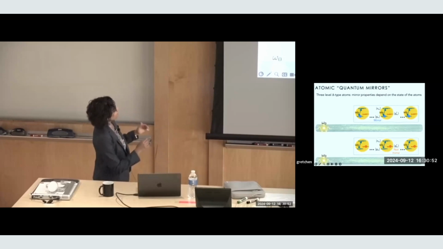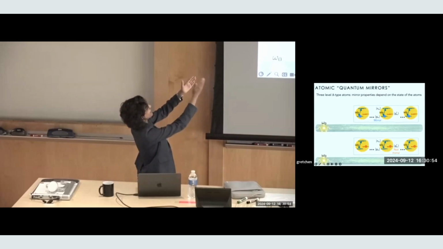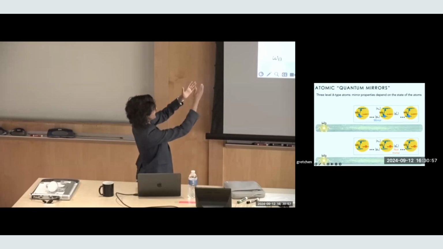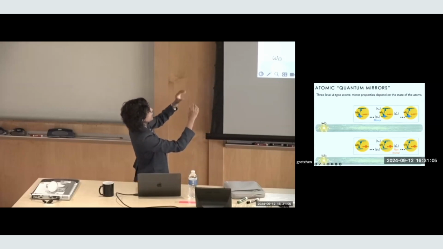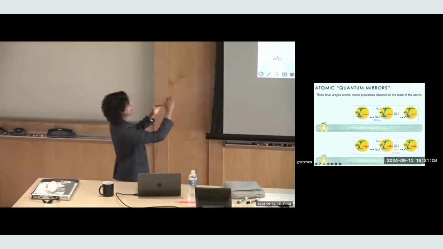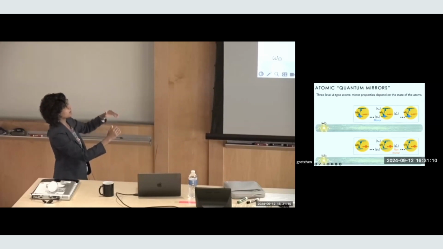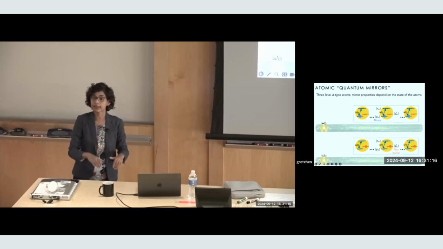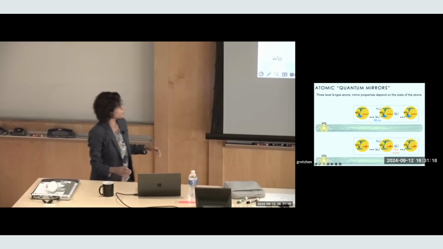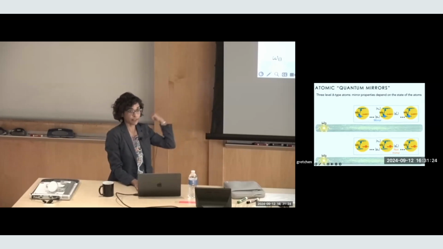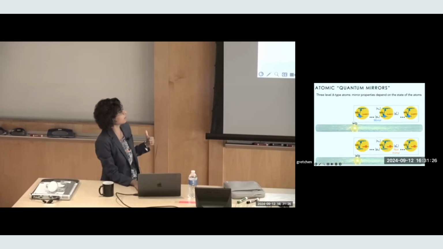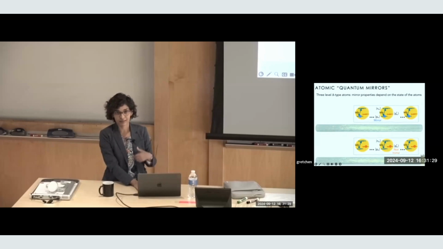So if we think of a situation where such an atomic array is made of atoms each having distinct levels, one which is, let's say, coupled to the field, the blue one, and the red that is decoupled from the field. Okay? If I prepare all these atoms in the blue state, the light reflects, and if I prepare them in the red state, it transmits.